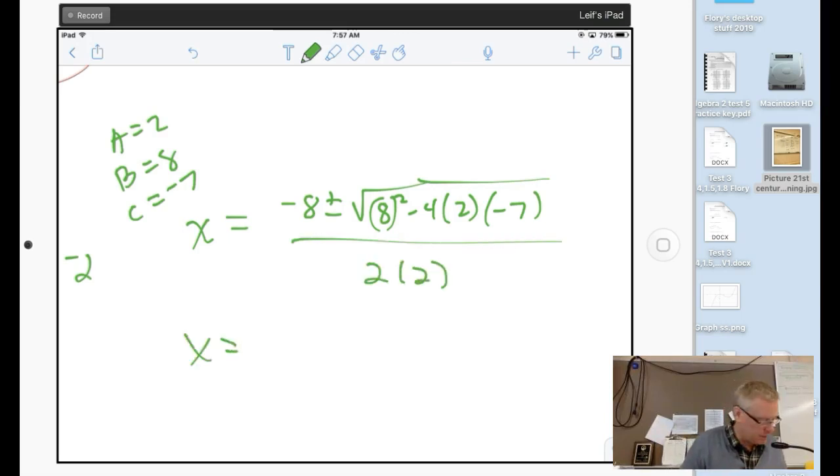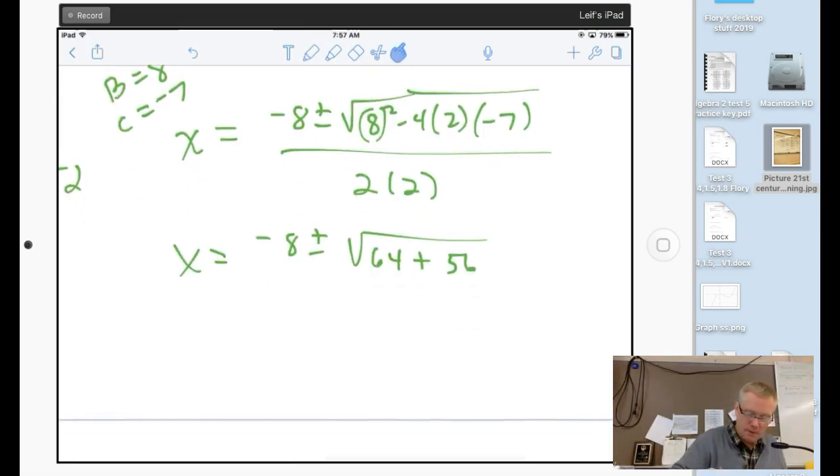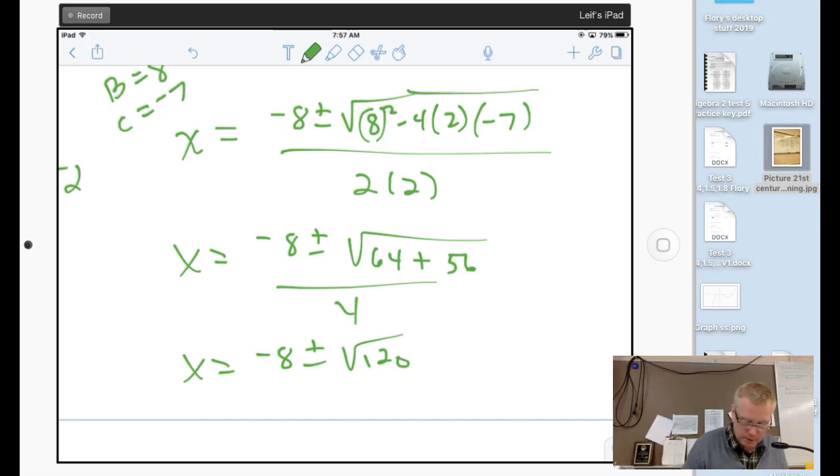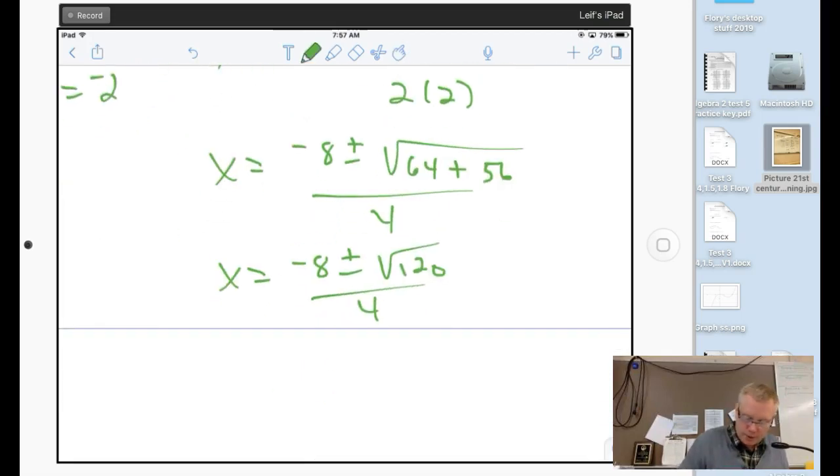All right, start simplifying. I get -8 plus or minus the square root of 64 plus 4 times 2 is 8. 8 times 7 is 56, all over 4. So x equals -8 plus or minus square root of 120 over 4. And then I can break it up to the plus, the minus.